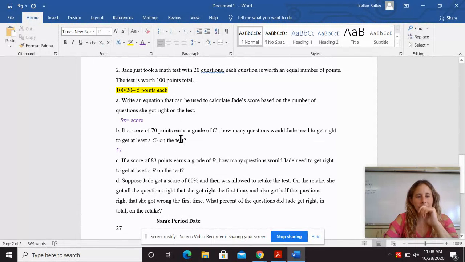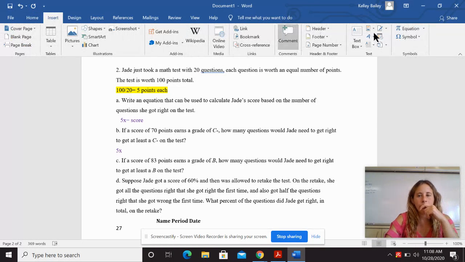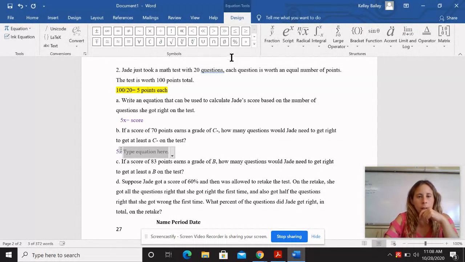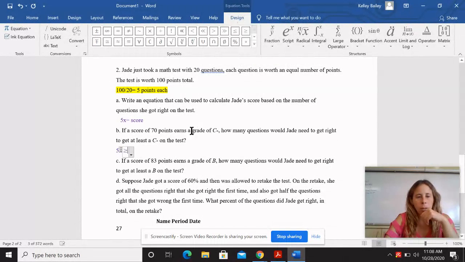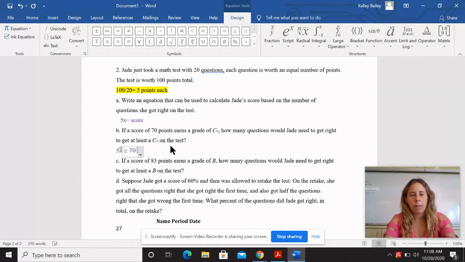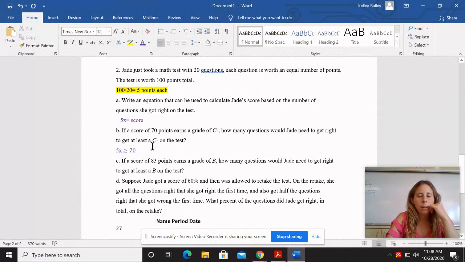At least means we can get a C minus or above. So that can be greater than or equal to 70. We can get more than that, but we need to get at least a 70.